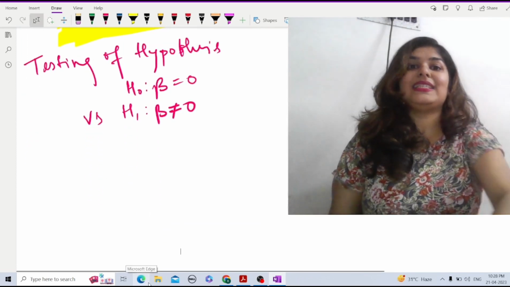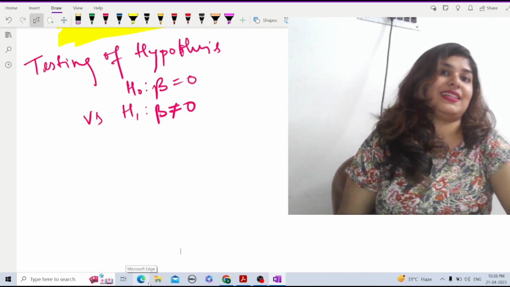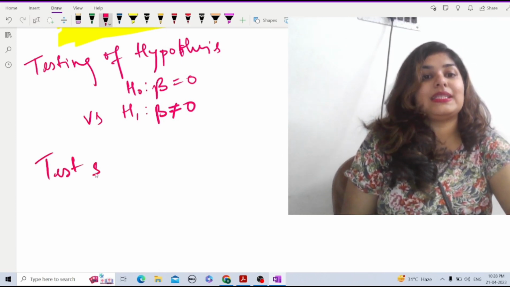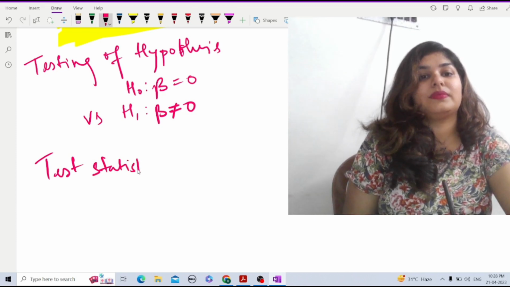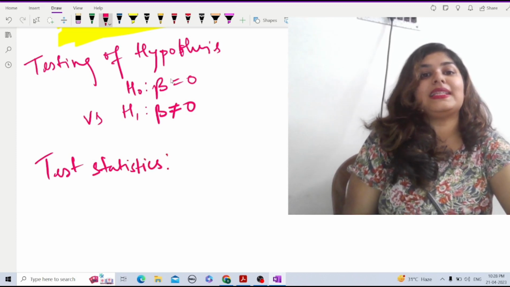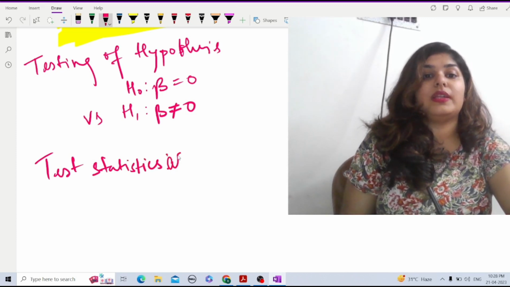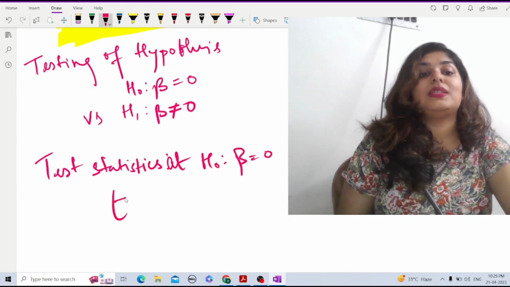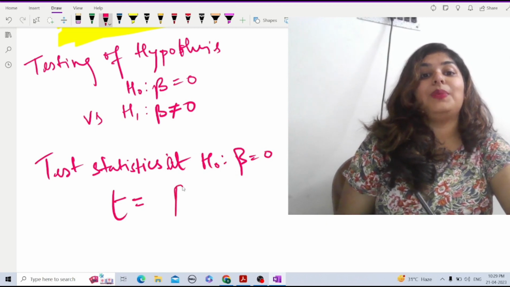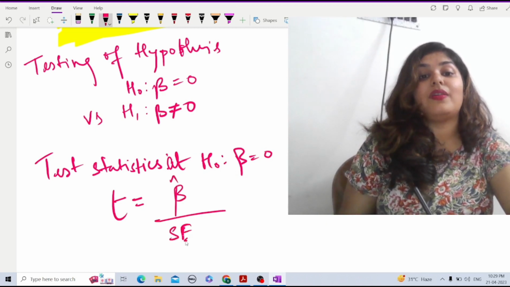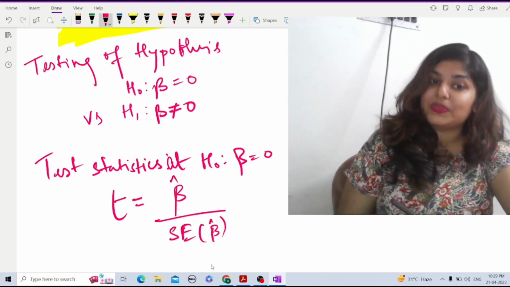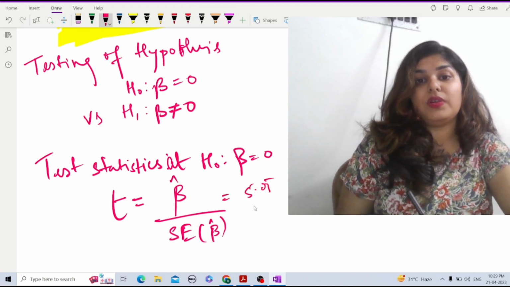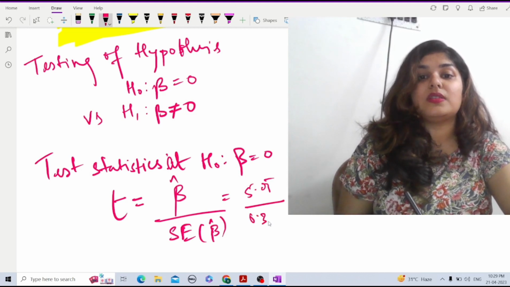Now the test statistic here is our t statistic. Let us calculate it. The test statistic under the null hypothesis beta equals 0 is t equals beta hat by standard error of beta hat. This is the formula. After calculating, what do we get? Beta hat is 5.05 and the standard error of beta hat is 0.34.